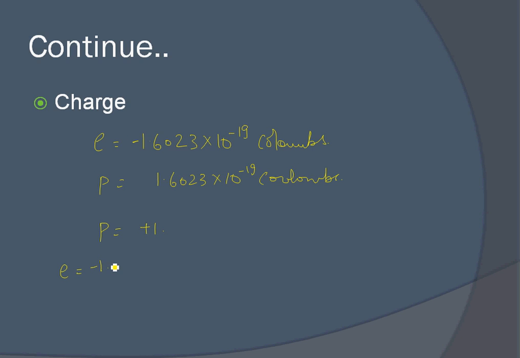So it is very simple to understand that the charge of the proton is equal and opposite to the charge of an electron, just because the electron is a negatively charged particle and the proton is a positively charged particle. So the absolute charge of the proton is positive 1.6023 into 10 to the power minus 19 coulombs, and the relative charge of the proton is plus 1, where the electron is a minus 1.